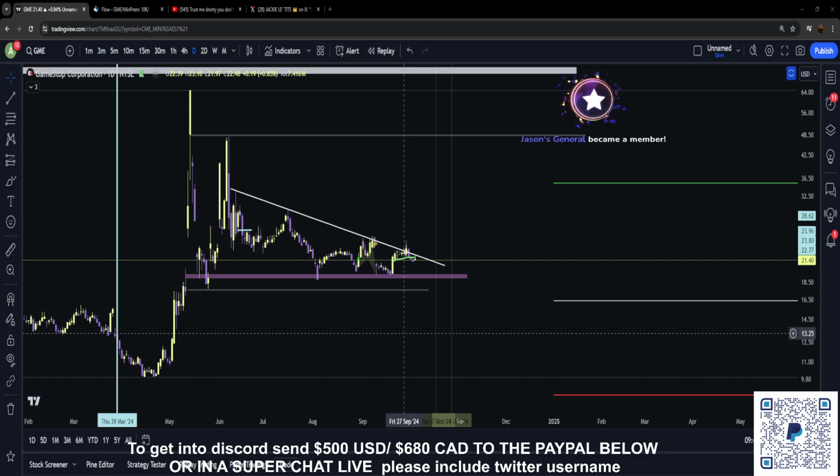I am a trader who has the ability to take advantage of large moves regardless of what direction they occur in. I am a long-term shareholder of GameStop. I buy shares, I don't sell them. I buy options, I sell them, I make money to buy more shares.